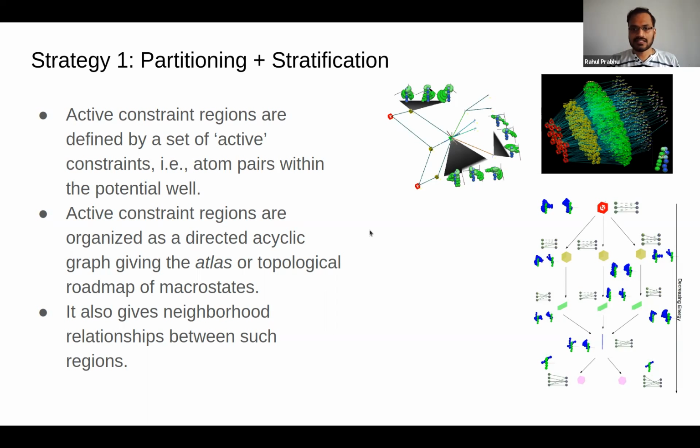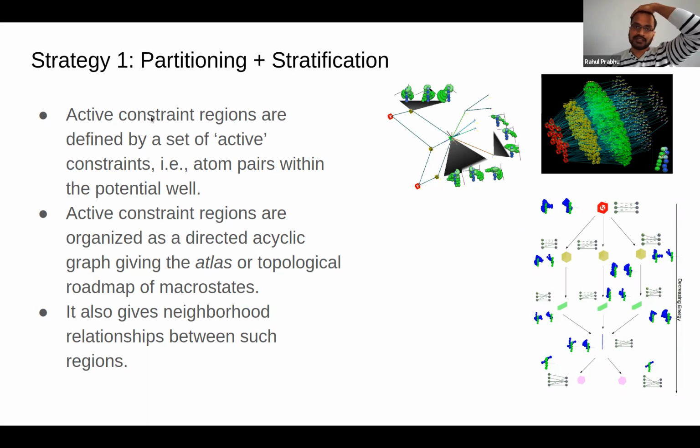So an active constraint region is a set of configurations that all have one key property, in that the set of active constraints within all those configurations are the same. For example, if I have an active constraint region that has the set of active constraints A1, B1, all configurations of these two molecules within that region have the constraint A1, B1.